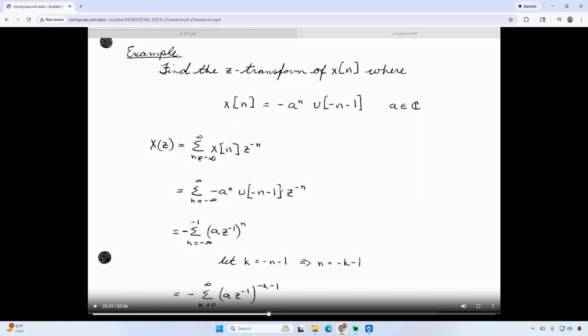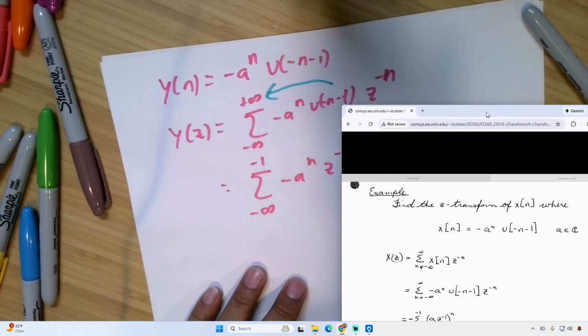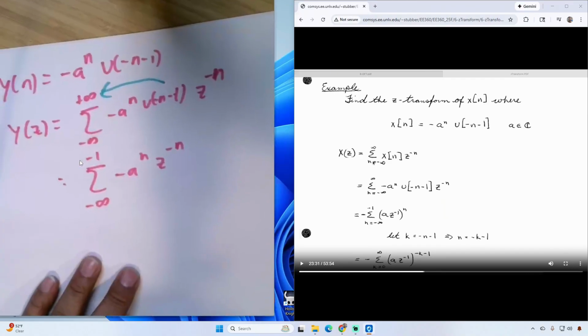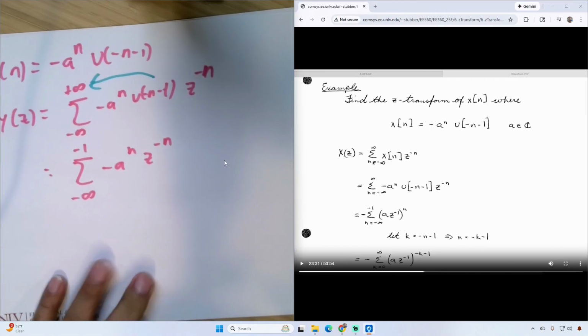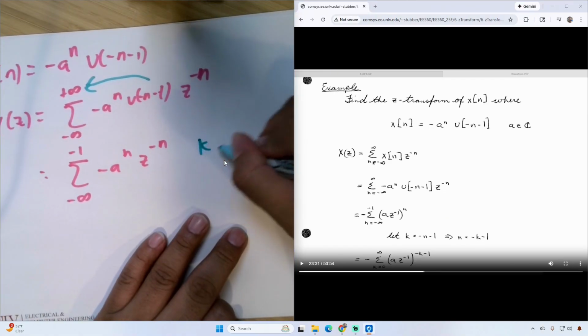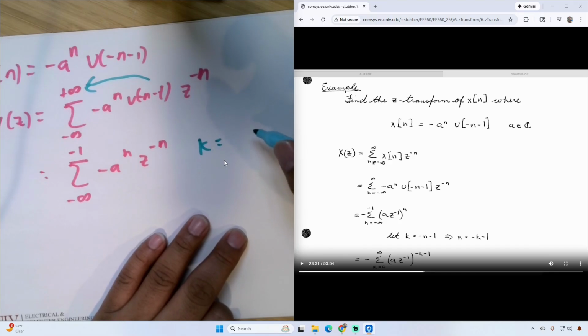Anyways, he says k is equal to minus n. Let me show you. Assume k is equal to minus n minus 1.